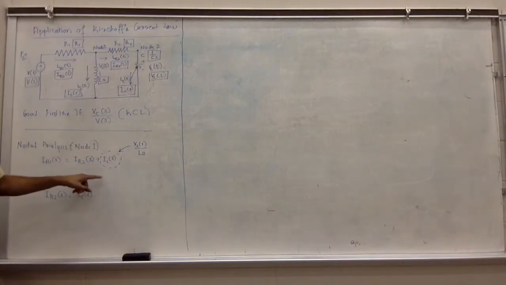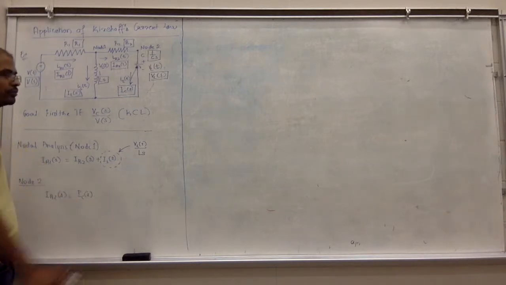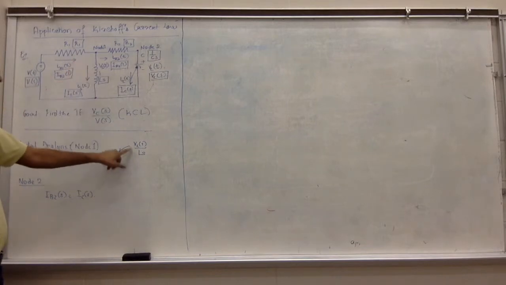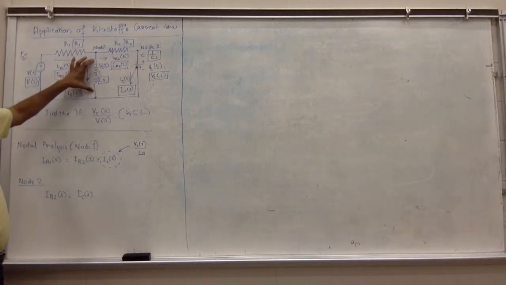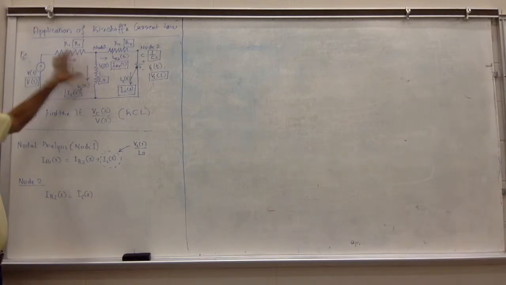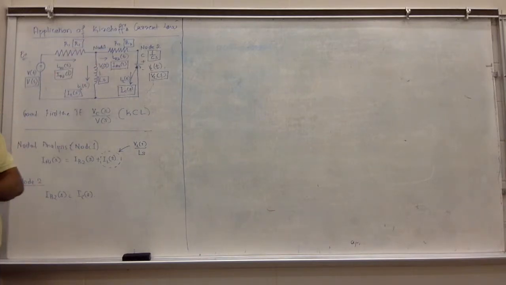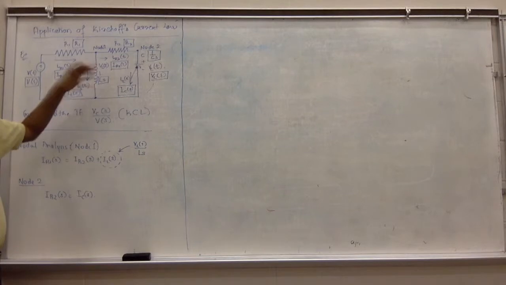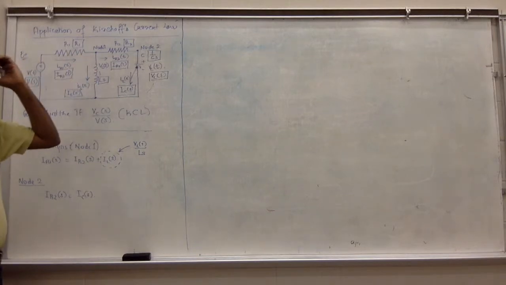You remember? That's what you would have done. So VL of S is the voltage dissipated across this component. Every component has voltage dissipation, voltage output, and it's simply equal to the current into the impedance of that.